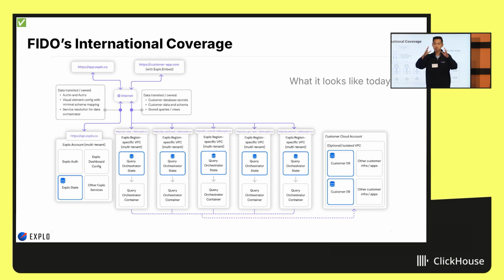So now you have the dashboard skeleton, but there's no data. Independently of that, it'll fire a new request to the right FIDO instance that's connected to the data source, and then it'll make that query, let's say to AP Southeast 1. It'll go to the customer database, have the query run, get the data, and that'll flow back, and then all those placeholder blocks for the charts will load with the corresponding data.